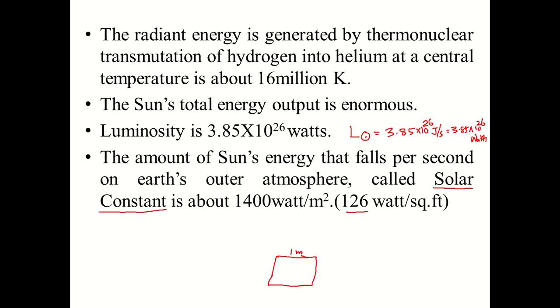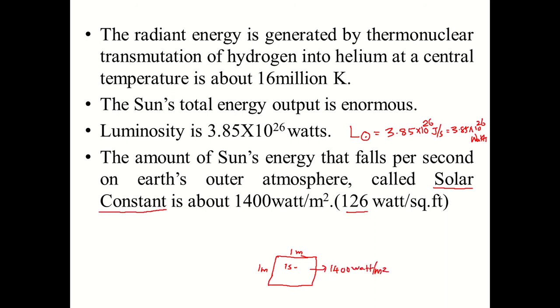So that means if you consider a 1 meter square area, suppose this is 1 meter, this is 1 meter, so it is a 1 meter square area, and if you calculate the amount of energy which is reaching the outer atmosphere of the earth in this area in 1 second, it will be denoted as the solar constant, and which is equal to 1400 watt per meter square.